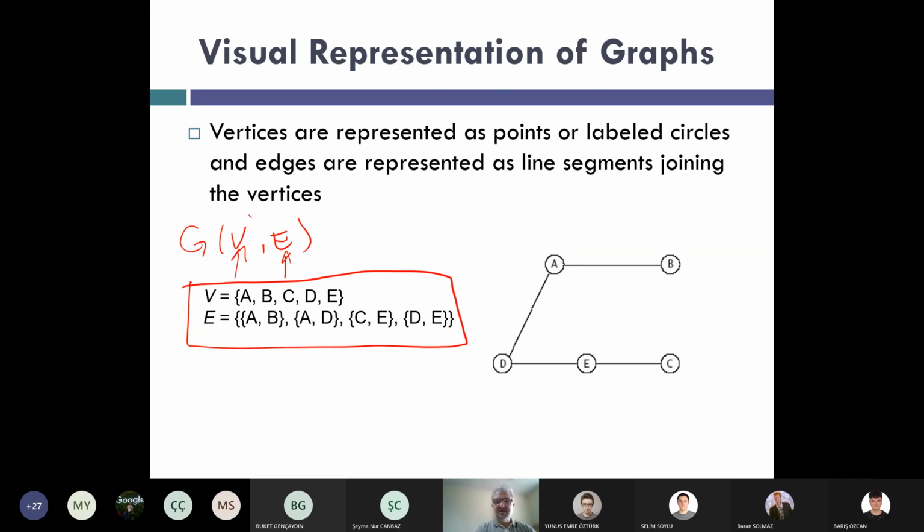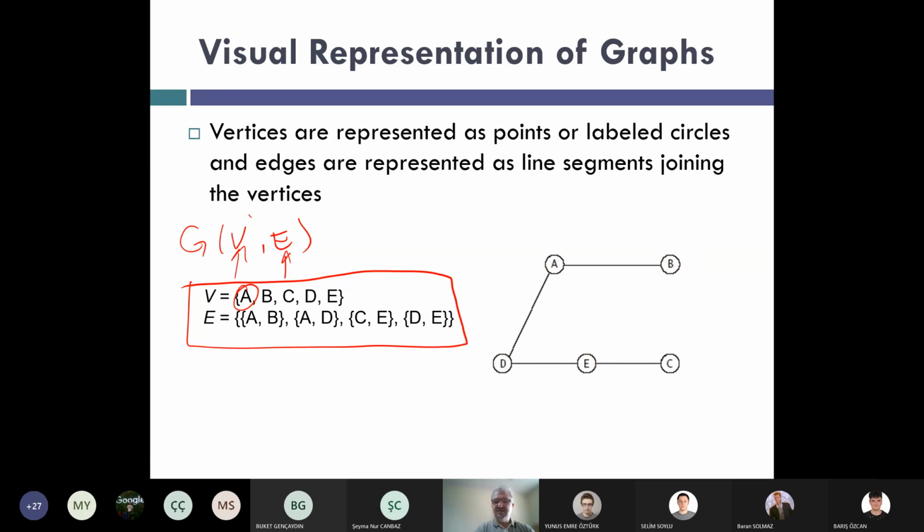but we can also represent graphs visually. In the visual representation of graphs, we take each vertex and put a circle around it. So vertices are represented by small circles. These are vertices. Of course, each vertex has a name, so these circles are labeled.